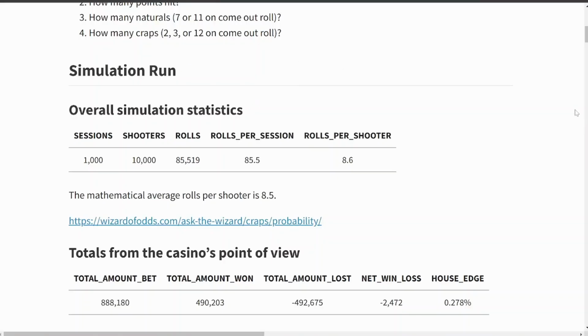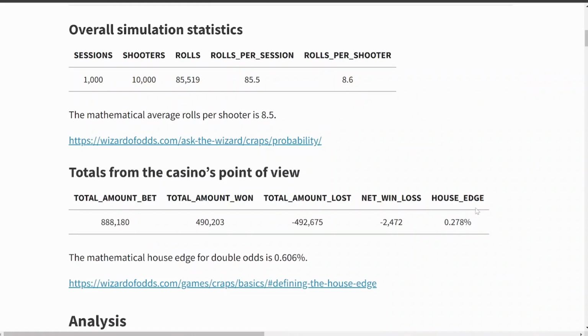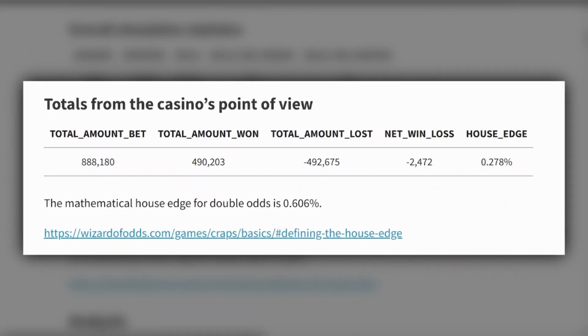I also like to look at the amounts that are won and lost and calculate the house edge of this simulation. Now, the total amount bet, so the total amount over the simulation, the 1,000 sessions, everything that was put down on the table, 888,180. The total amount won was 490,000 and lost 492,000. So our net win and loss is 2,472.